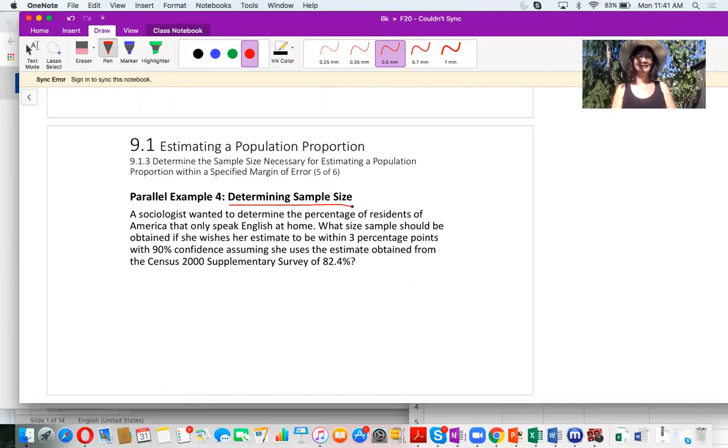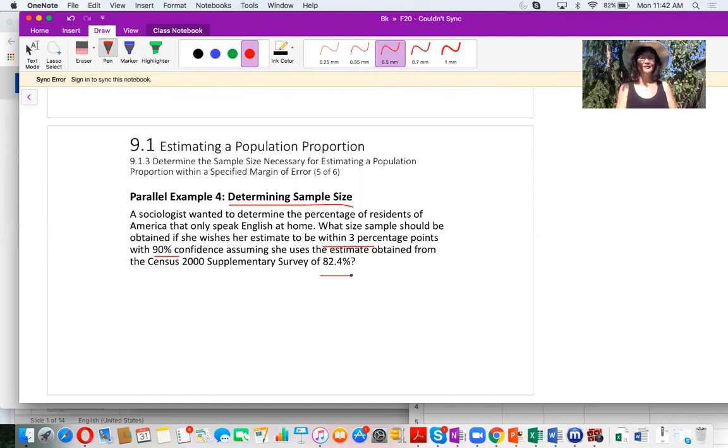A sociologist wanted to determine the percentage of residents of America that only speak English at home. What sample size should be obtained if she wishes her estimate to be within 3 percentage points and with 90% confidence, assuming she uses the estimate obtained from the Census 2000 supplementary survey of 82.4%.